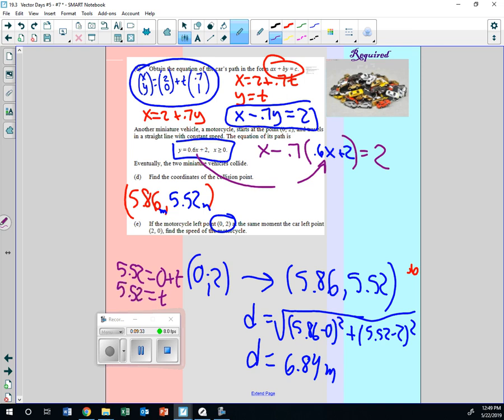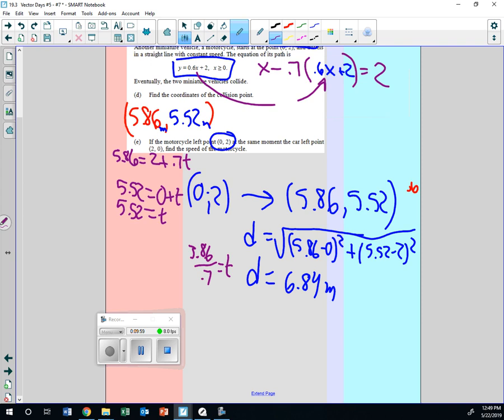5.52, yeah. Well, just for fun, would we have gotten the same thing if we would have gone 5.86 equals 2 plus 0.7t? 3.86, what is 3.86 divided by 0.7? 5.52. All right.